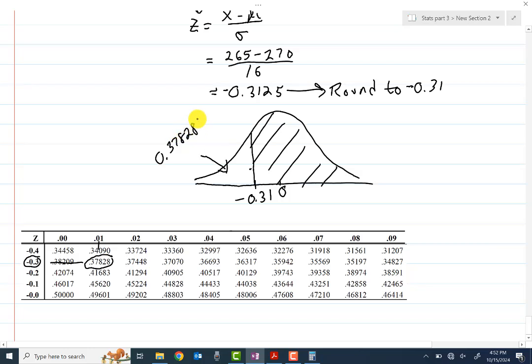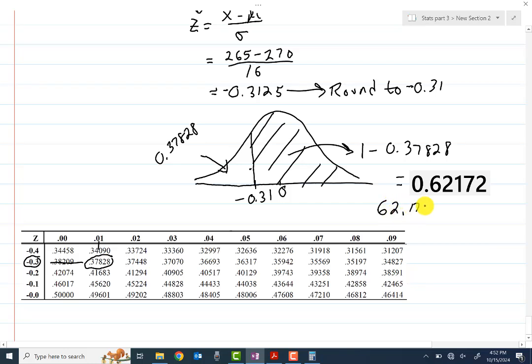Of course, to get the shaded region, we subtract the number I just wrote down from 1. As a percentage, that will be 62.172%.